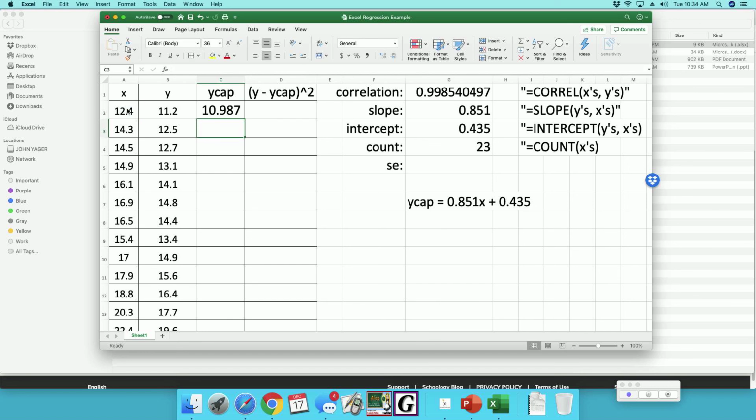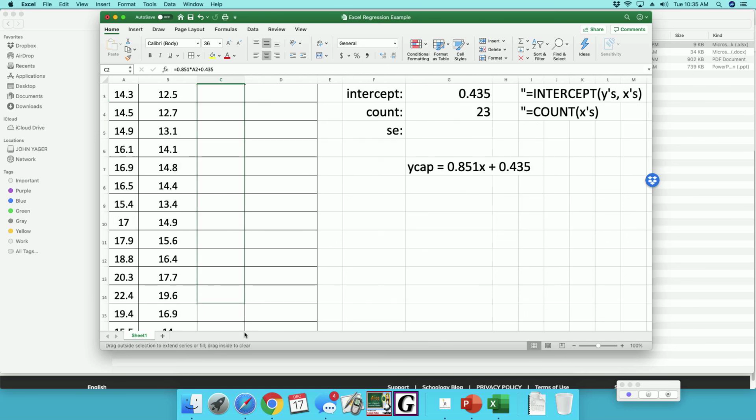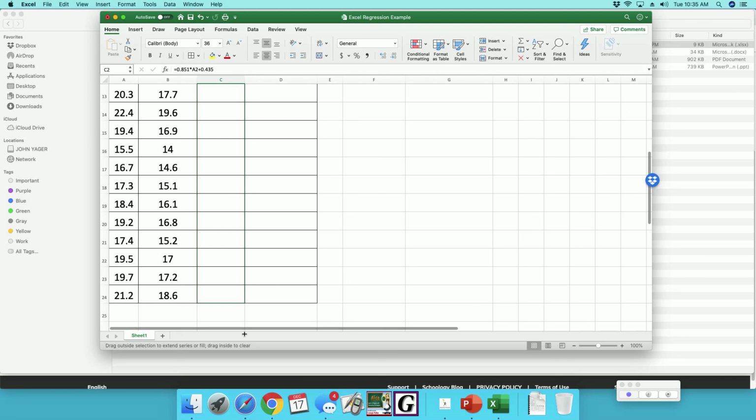So our predicted amount using our formula is 10.987. We don't have to do that for every single block because we can click on C2, go to the bottom right hand corner until you get a black plus sign and drag it down, and it will automatically calculate every y cap.